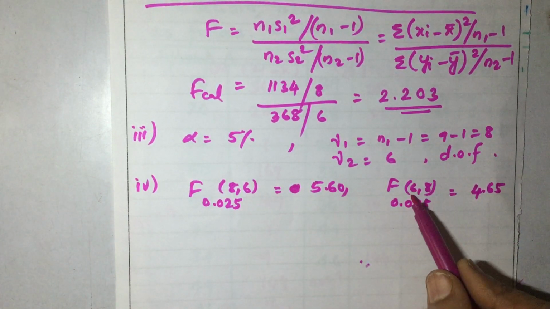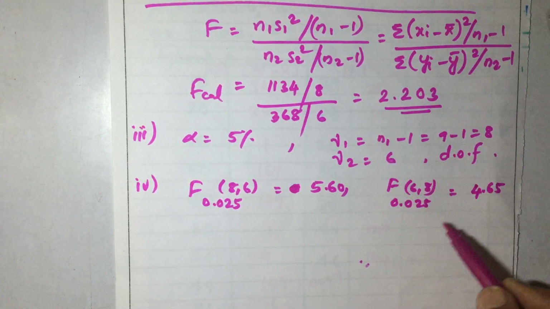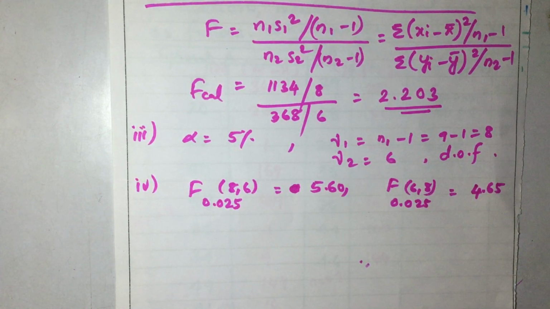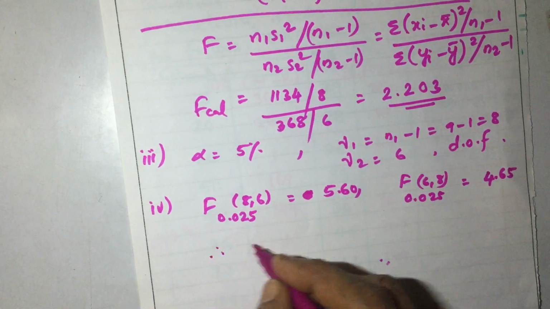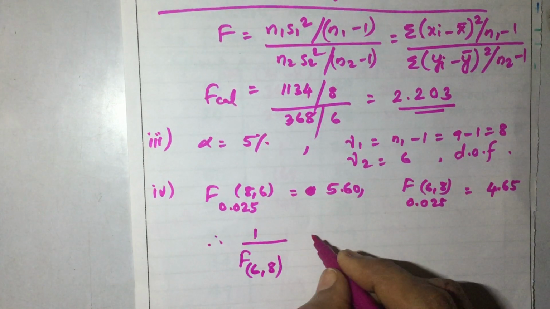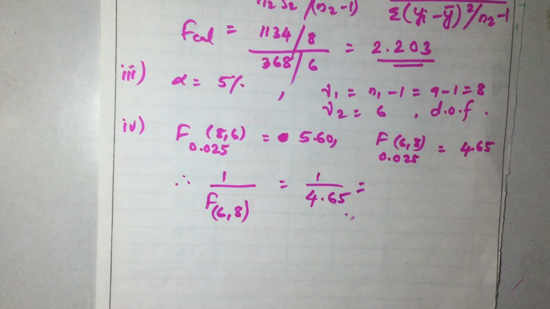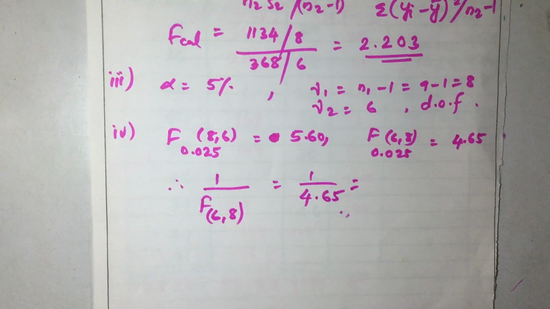Okay, so now what we have to do is, this is F of nu1, nu2, and this is F of nu2, nu1. So I will take the reciprocal of F 6,8, therefore 1 upon F of 6,8, this is equal to 1 upon 4.65. When you simplify, you will get that as 0.215.